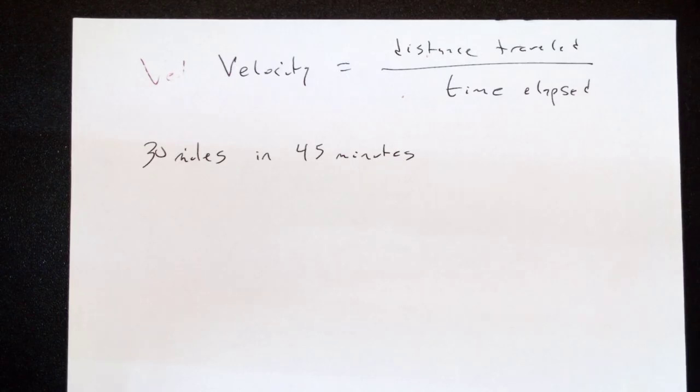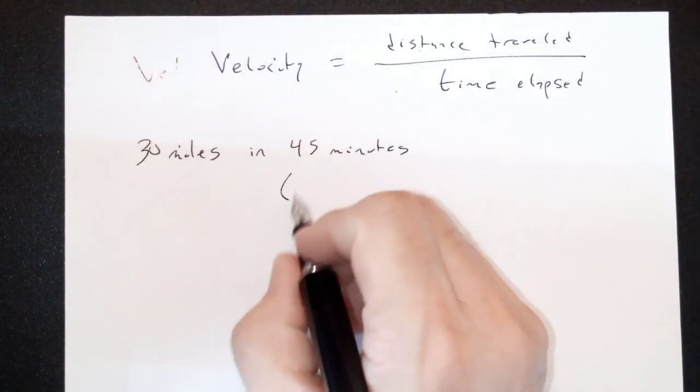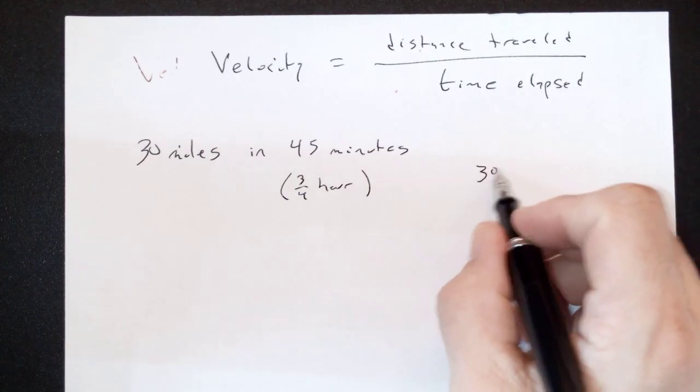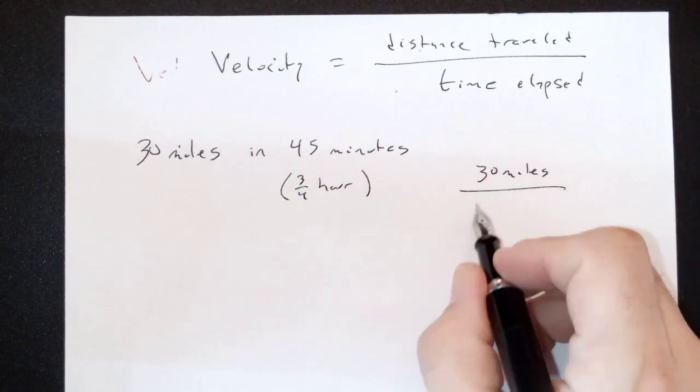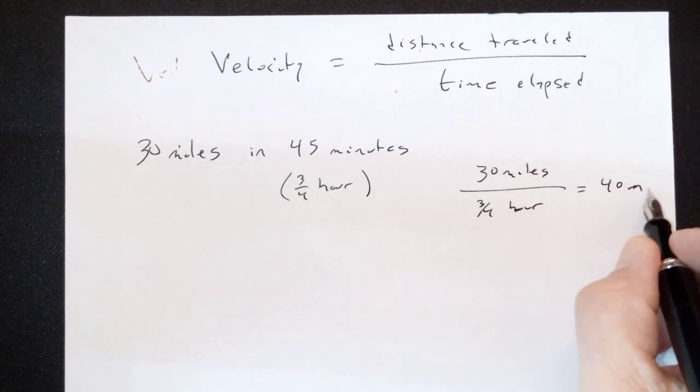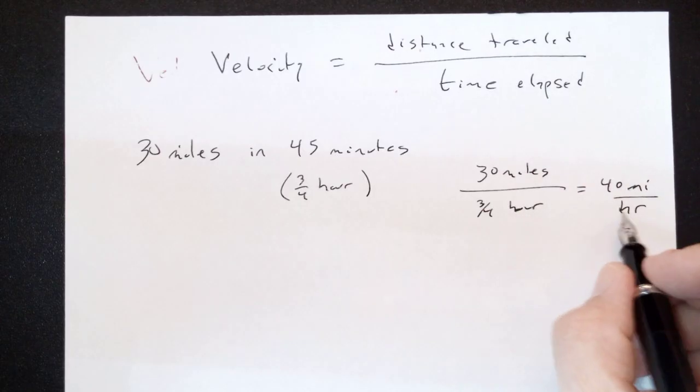About 40 miles an hour, because 45 minutes is 3/4 of an hour. So 30 miles in 3/4 of an hour is 40 miles per hour.